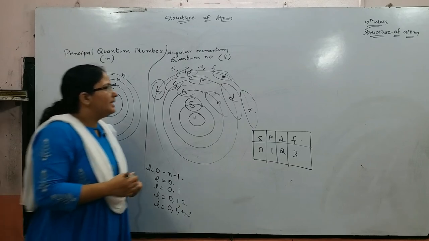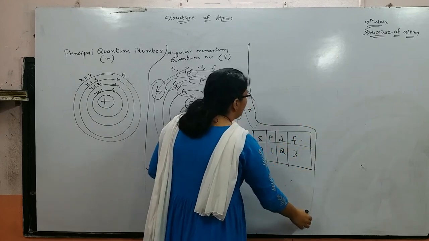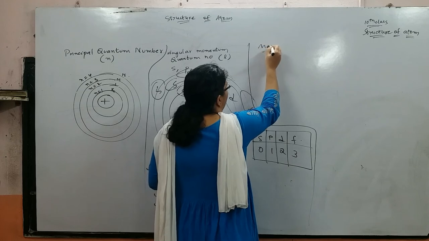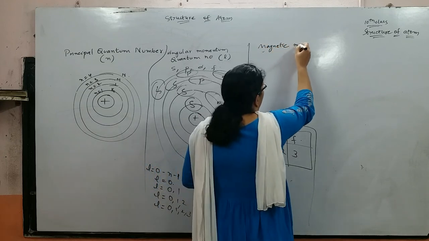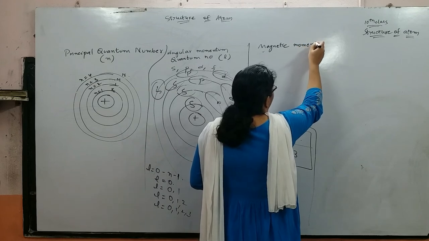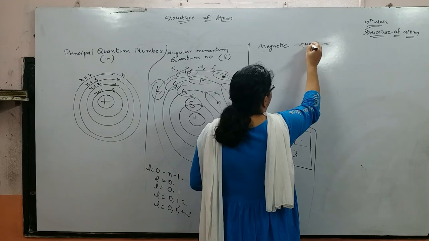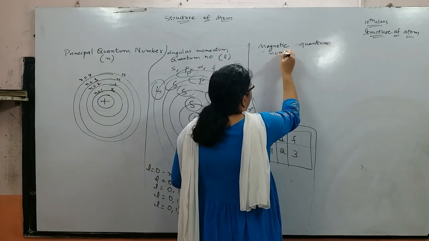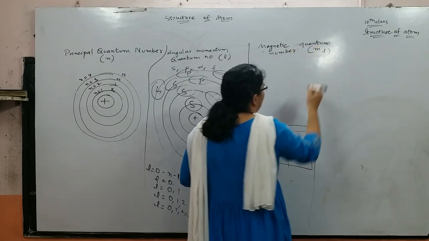Now, let us discuss the third quantum number called the magnetic quantum number, denoted by ML.